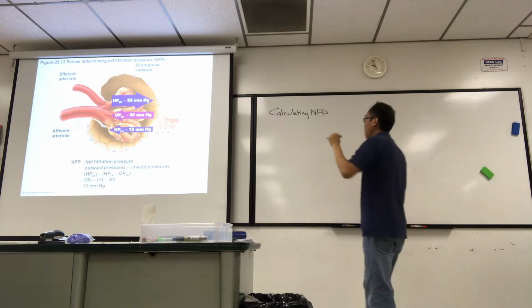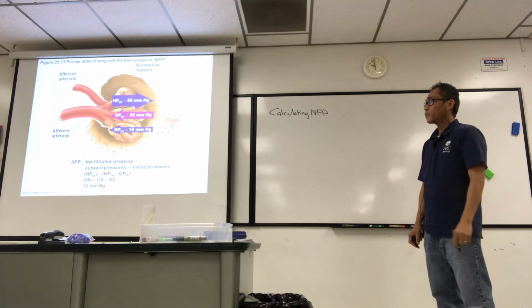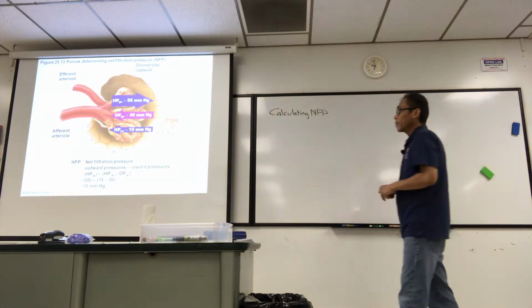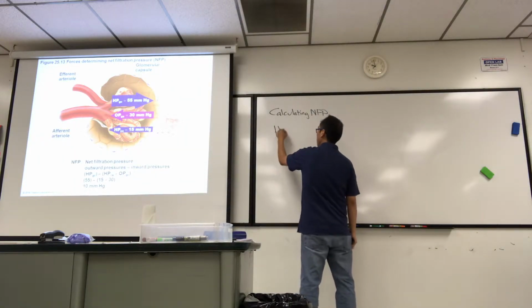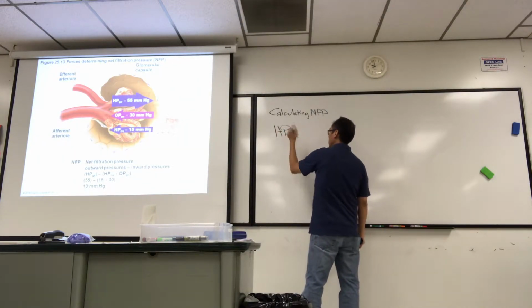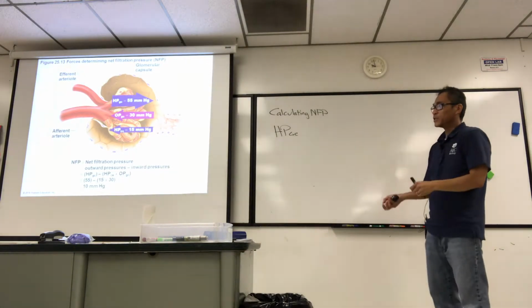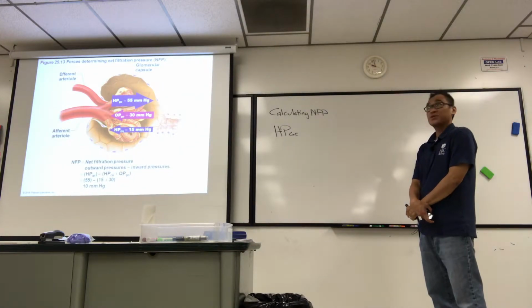NFP, net filtration pressure. It's a simple calculation. What's the force that pushes all of the plasma through this filter? And they put HPGC. Let's just write that so that you can deduce what it stands for. Well, the HP is always hydrostatic pressure. The GC is glomerular capillaries. Okay, so that's just the blood pressure.